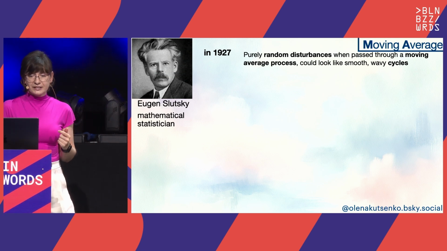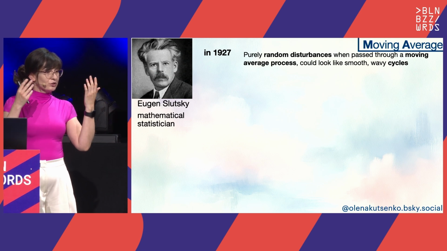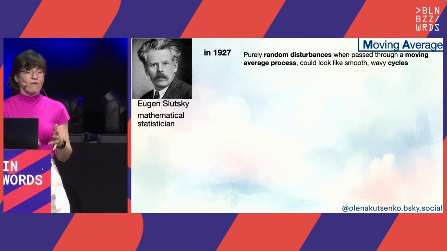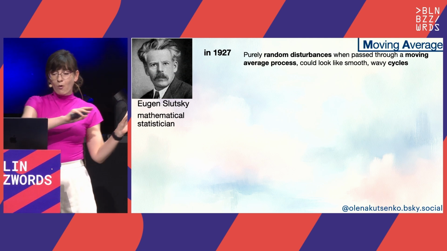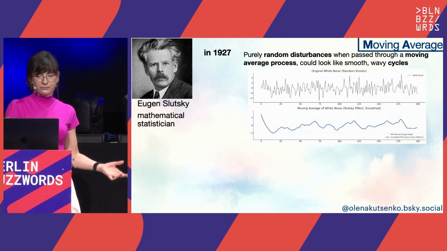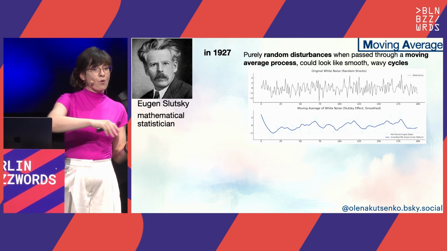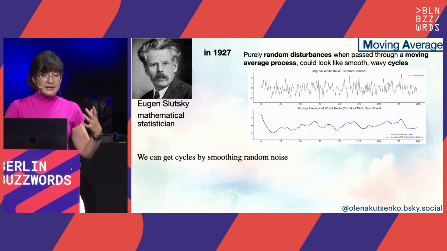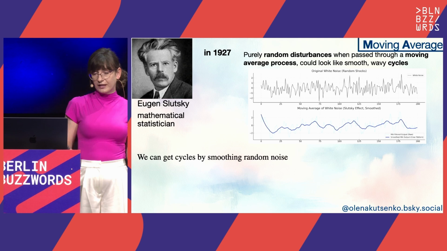But Evgeny Slutsky showed that if you take random shocks in your data, which look totally random to the human eye, like sudden changes in consumer behavior, weather, at that point of time, wars, whatever, and if you smooth them over time using a moving average, you get something that looks like a wave. Something which looks way smoother and way more cyclic. And so we can make order out of chaotic data if we use the right filter.